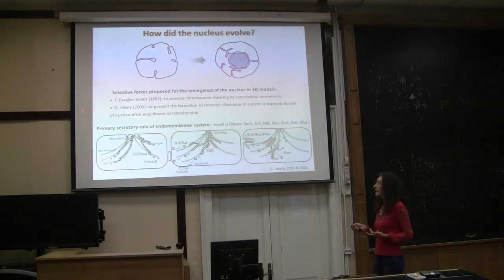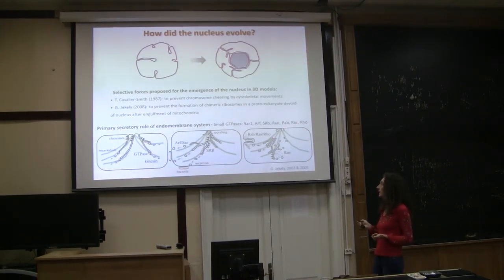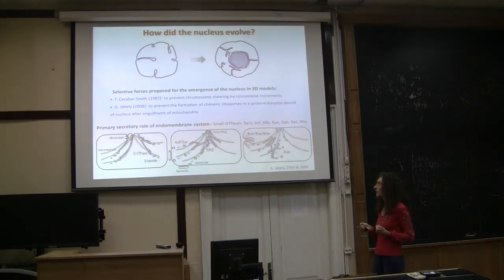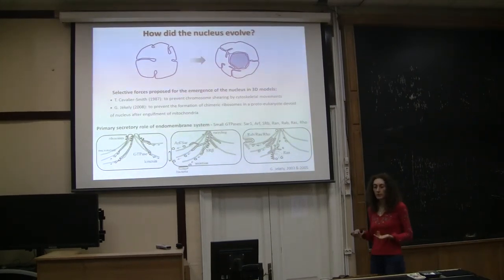Okay? And then Gaspar-Jekeli proposed that the nucleus would have emerged to prevent the formation of chimeric ribosomes in a proto-eukaryote that didn't have a nucleus after it engulfed mitochondria. However, this is very difficult to accept because the only thing that this organism would have to do is to retain those genes in the mitochondrion.